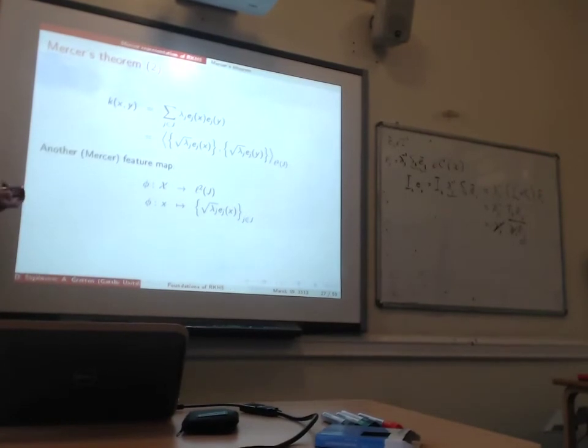And so this is just another feature map, right? It's called the Mercer feature map. You start from data, you send that to some sequence. And that sequence is particularly just evaluating your data point at a bunch of continuous functions and scaling appropriately.